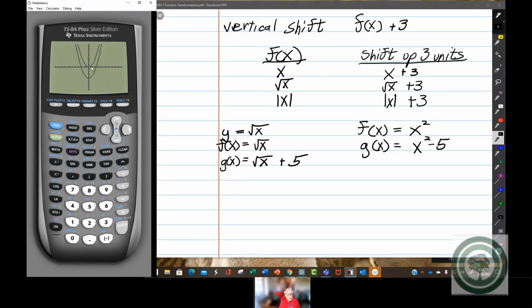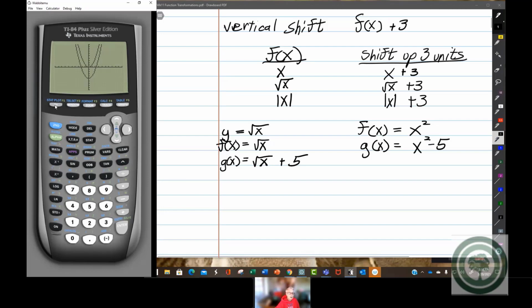Here's Y equals X squared in its home position. And here's Y equals X squared shifted down 5 units. So since vertical means straight up or straight down, all I've done is I've taken this and I've moved it down. And so that's the way it is with all functions.